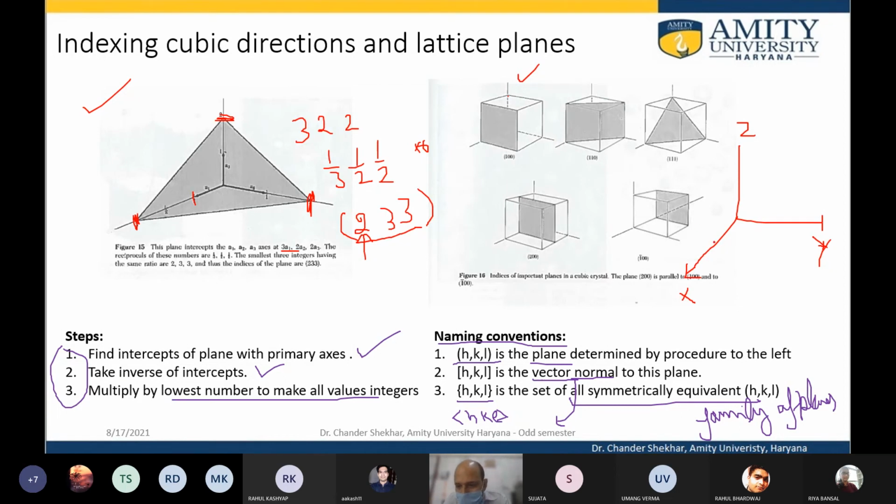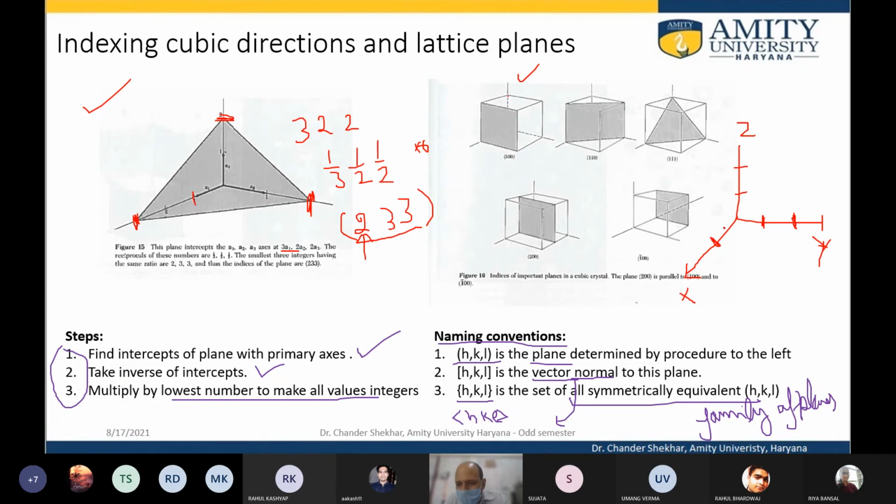So that point will be somewhere in the middle. Along y, 3 means it is dividing the unit translational vector into 3 equal parts, so I can write it something like this. There will be 3 equal parts, and similarly for the z-axis also.